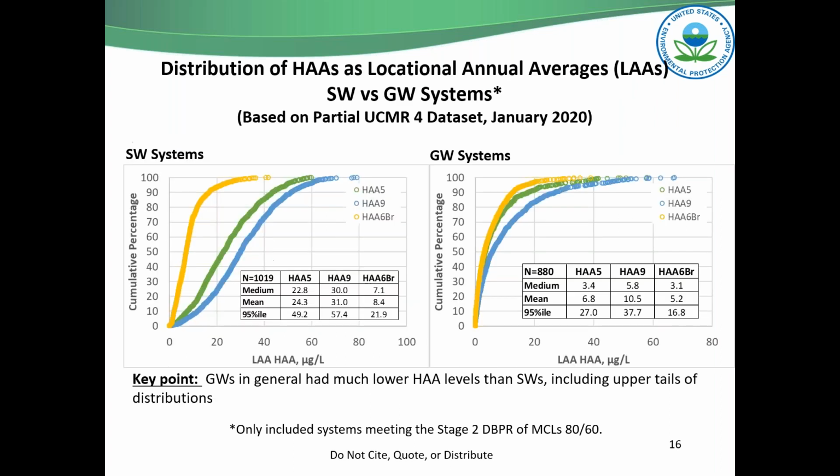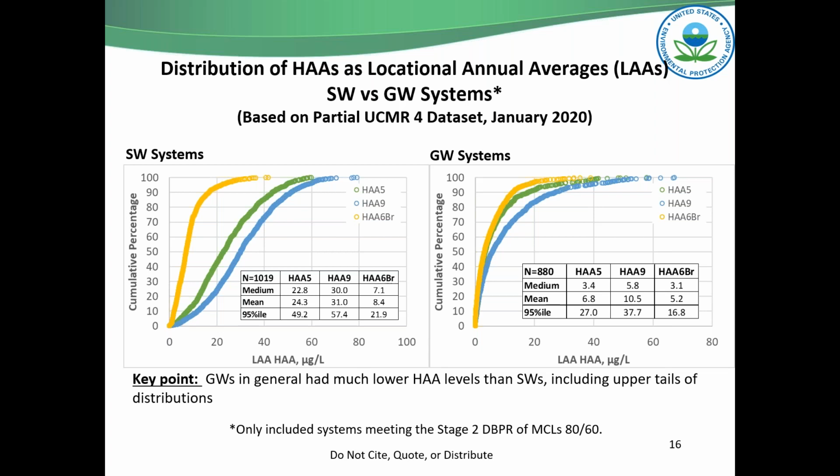So this is slide 16 that gives you a picture of how we're looking at the data from a national level. And it's based on this partial UCMR4 data set. On the right-hand side, you can see the three curves representing the different categories of haloacetic groupings, HA5, HA9, and HA6BR, are significantly to the left of the surface water systems, showing that they have much lower levels in general.